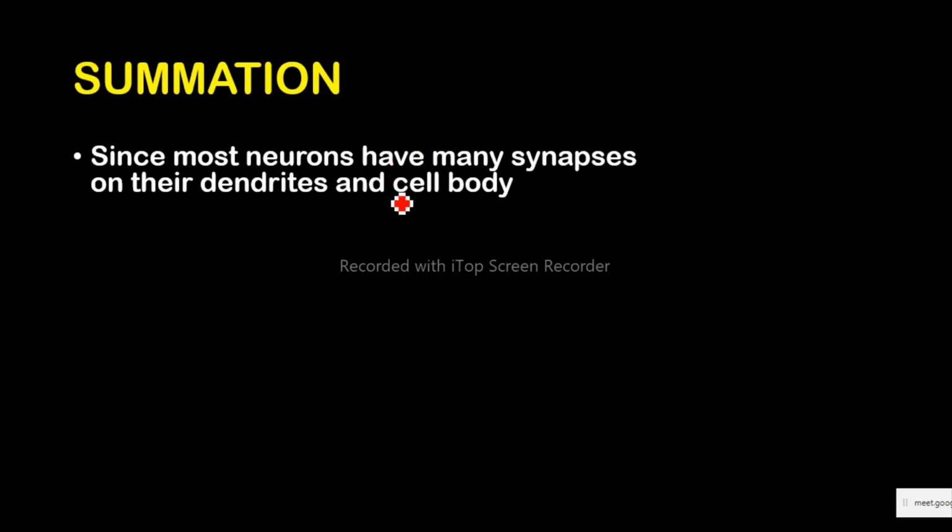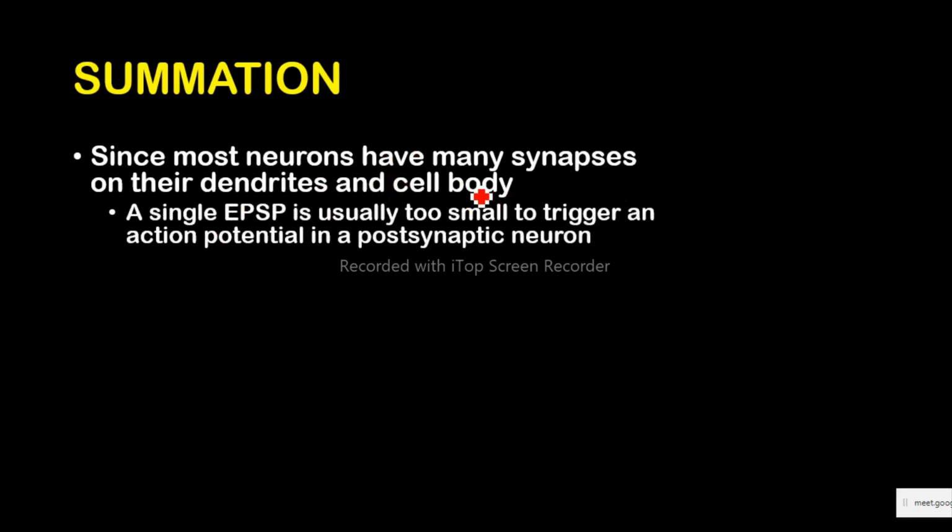So since most neurons have many synapses on their dendrites and cell body, a single excitatory postsynaptic potential is usually too small to trigger an action potential in a postsynaptic neuron.